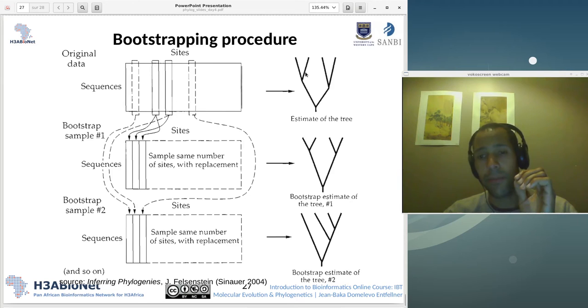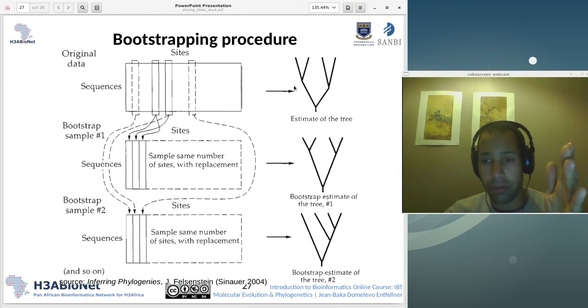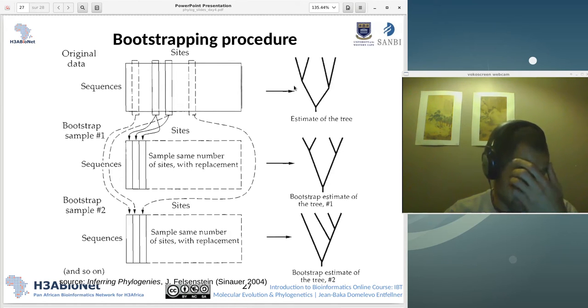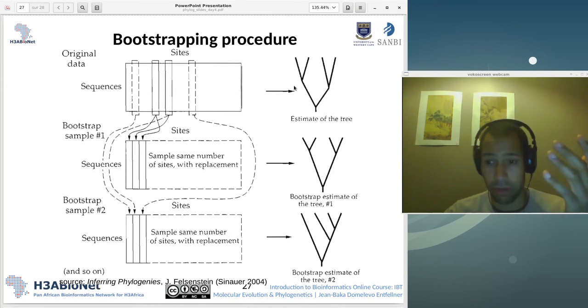Okay, in maximum parsimony, you could see that a certain site has a parsimony score of 1 for a certain tree, and a parsimony score of 10 for another tree. So we would say that this site is more in accordance or gives its preference to the first of the two alternatives.